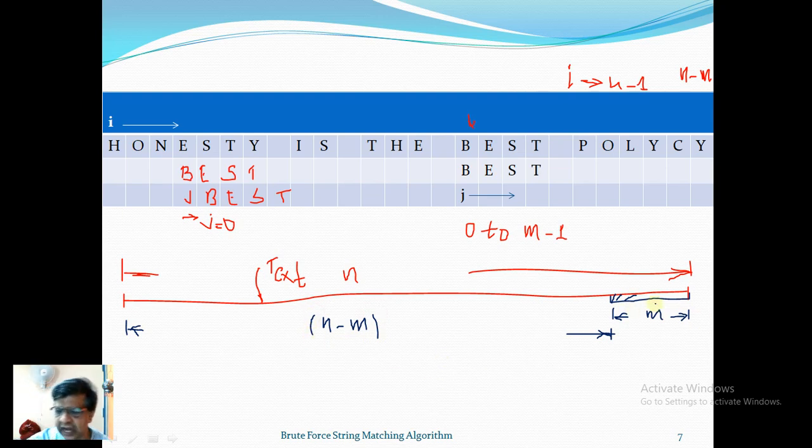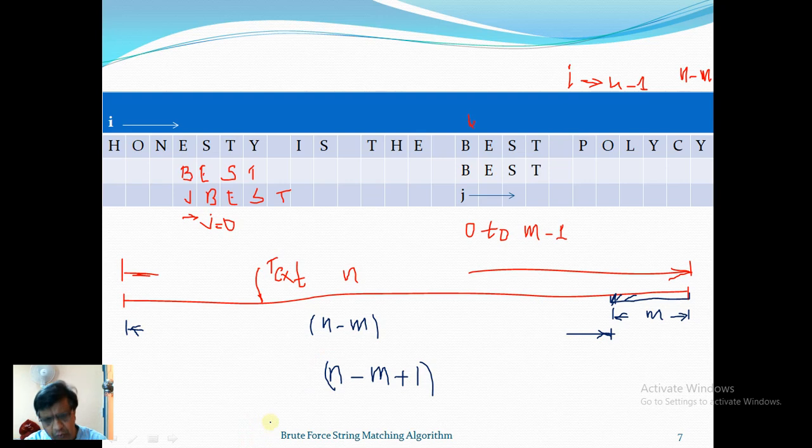It can come and stand over here, so that by this point n minus m movements must have taken place. And if in all the movements the first character matching fails, then when it gets seated over here, there is also one comparison that happens. Therefore, the total number of comparisons in case of the first character going for a mismatch is n minus m plus 1.